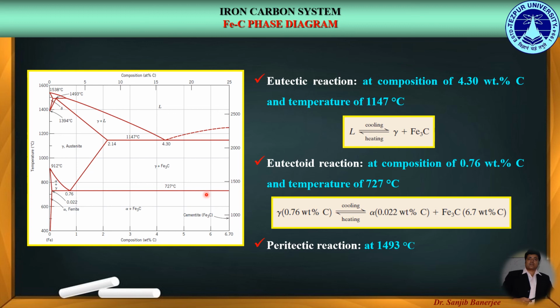The third phase reaction is the peritectic reaction at 1493 degree centigrade, where from the liquid plus delta phase on cooling we get the single solid phase of austenite. So these are the few significant phase reactions which are revealed in an iron carbon phase diagram.